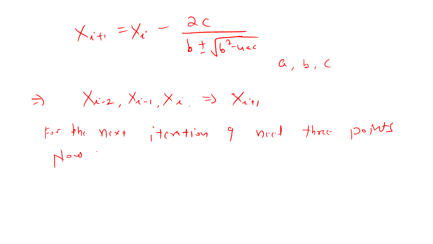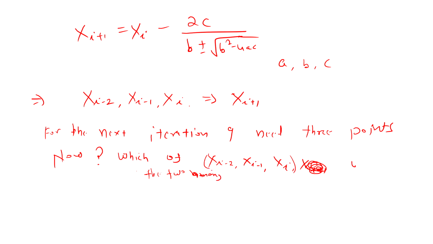Now the question is that which two among xi minus 2, xi minus 1, xi will go with xi plus 1.